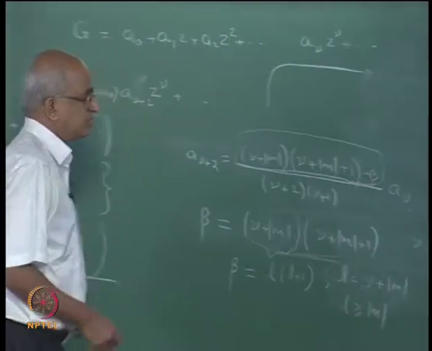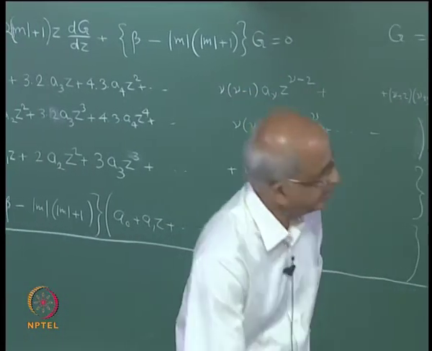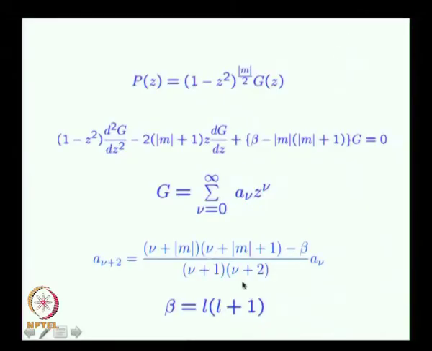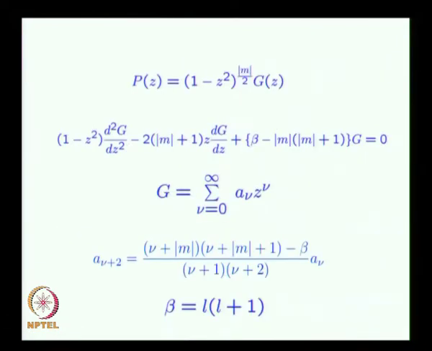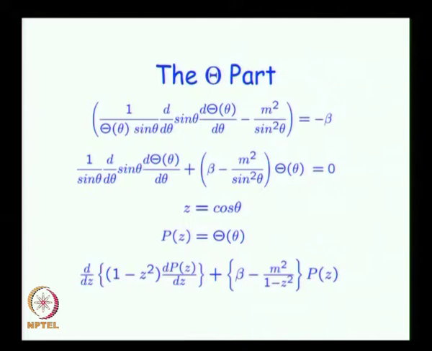And the next thing is, you see, this is already there in my slides. So, this is the recursion relationship which I had written, and then I say okay, beta is equal to L into L plus 1. But then if beta is equal to L into L plus 1, what will happen to my original differential equation? Where is my original differential equation? The original differential equation is this one.